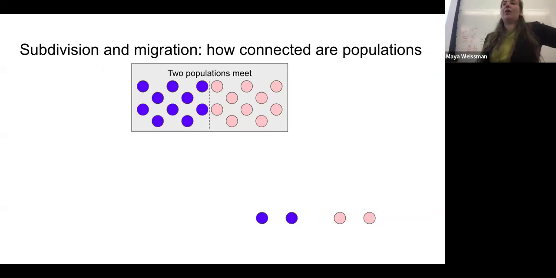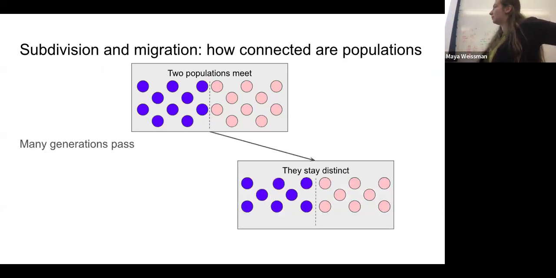Migration impacts how well connected two populations are. So let's say that the blue came from one population and the pink came from a different population of individuals, and I allowed them to meet. And many generations pass. In one case, they stayed distinct.